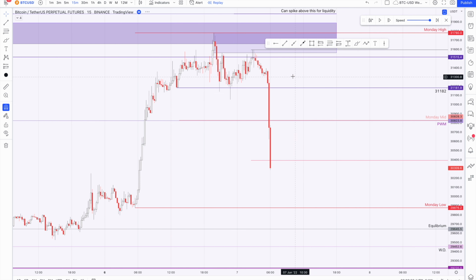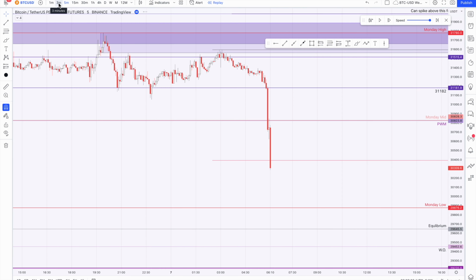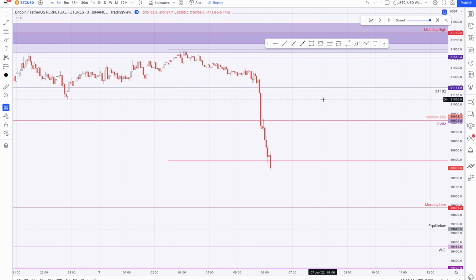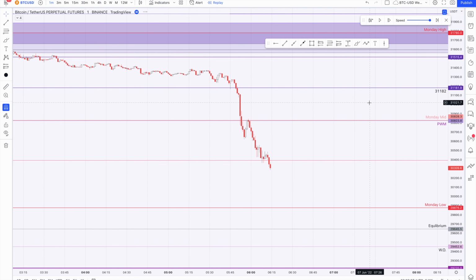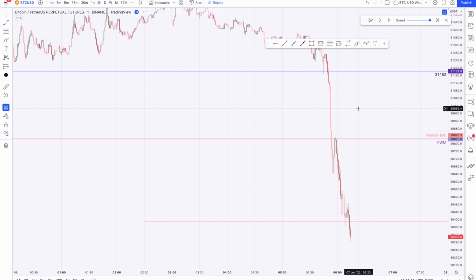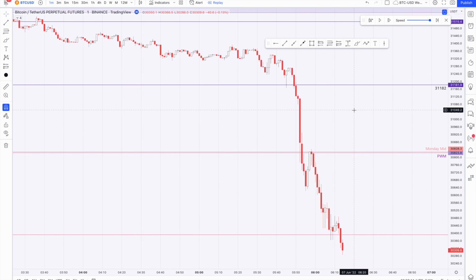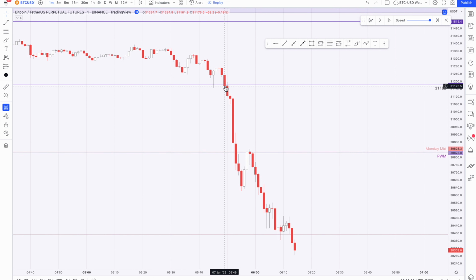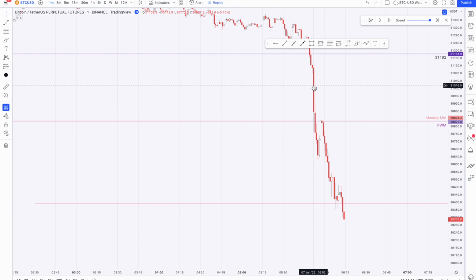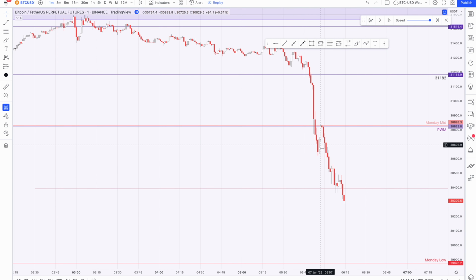See, as soon as we break this level, I'm not sure on which time frame we do it. Let's see. Let's go down to the 1 minute and see how this fall progressed, right? So we saw this close, right? This close right here, and then it's just a cascade of sell orders, right?